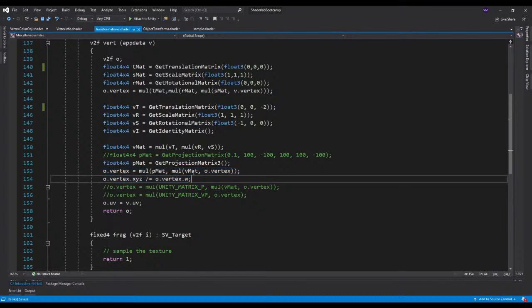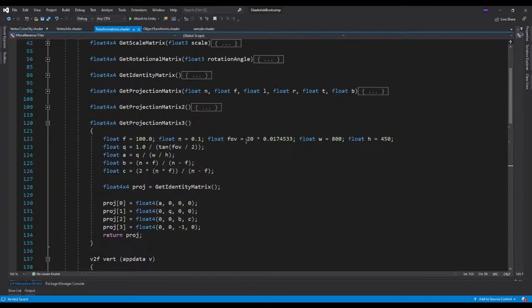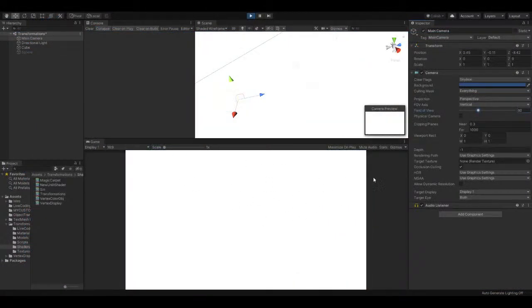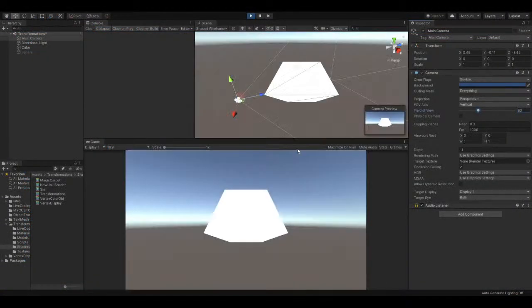Okay, so I'll explain the perspective divide as well to get the perspective of the object. Alright, so now if you look at the projection matrix right here, if I change the field of view, let's go down to 10, right? Now see, we changed the field of view and we went more inside the cube. If I was supposed to change the field of view to 50, can you see the distortion?